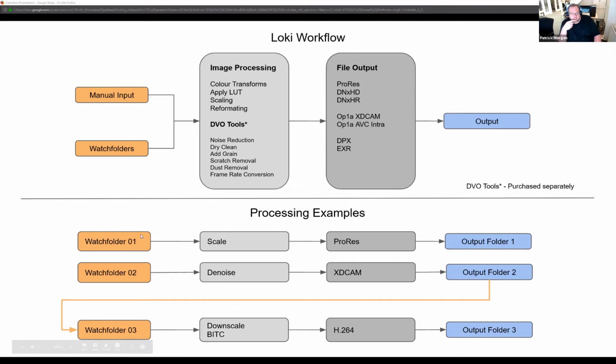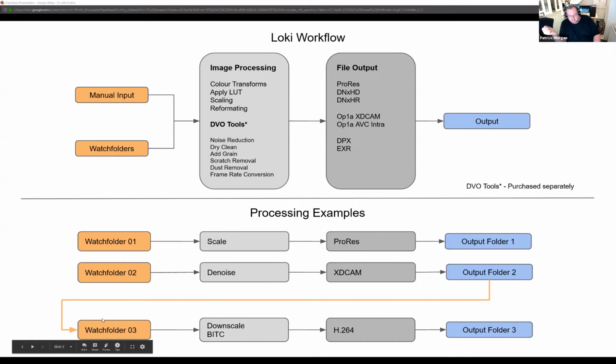At the bottom here, we've got a processing example. We have a watch folder, and a preset to do some scaling. We can output that as ProRes to a particular output folder. We can have a second watch folder with a different preset, outputting to a different file format, in a second folder, and that folder can be another watch folder.